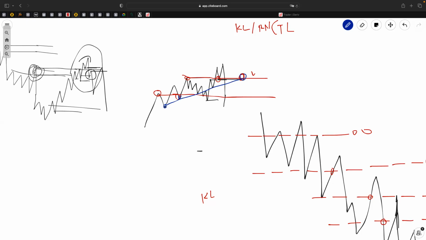This line respected, respected, respected, respected, respected. Now, when price gets here, connecting your normal order flow, your key level, and your trend line, you have like 4 confluences already. So then you see a sell.